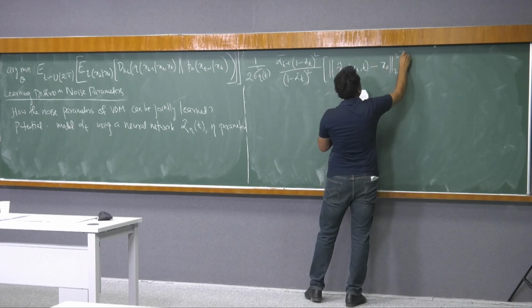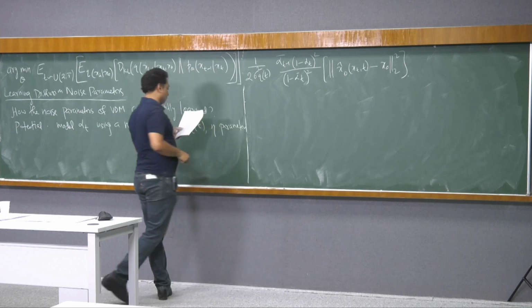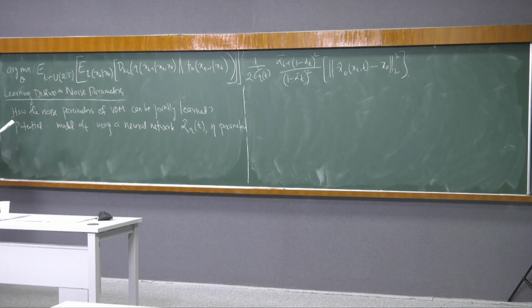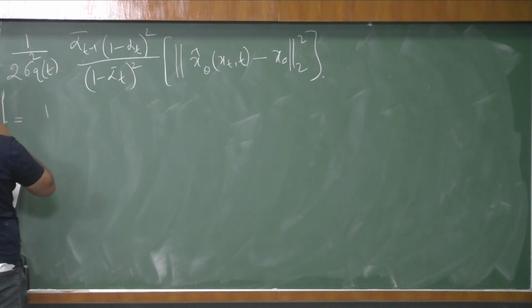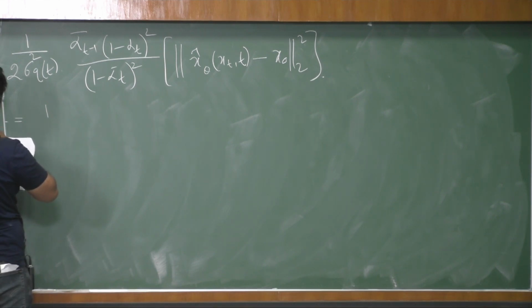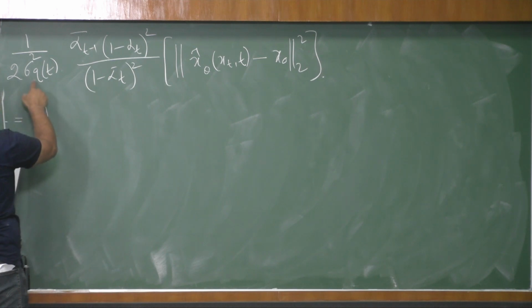So I just copied over what we wrote previously, and then we will do some arrangements, and we will lead our derivations to something called signal to noise ratio, and from there we will get some interesting idea about how to learn these noise parameters. So we do these simplifications. There is one sigma square t term here, right?